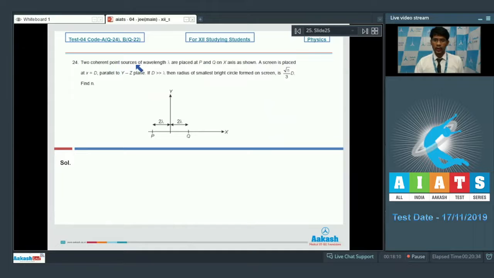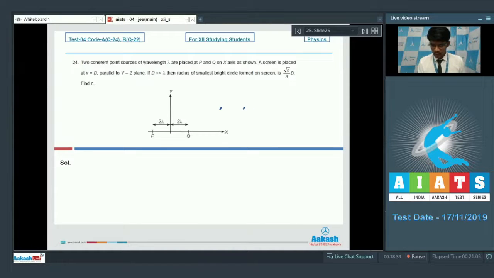Two coherent point sources of wavelength lambda are placed at P and Q on X axis as shown. A screen is placed at X is equal to D parallel to YZ plane. If D is much greater than lambda, then radius of smallest bright circle formed on the screen is root under n divided by 3 into D. Find the value of n.